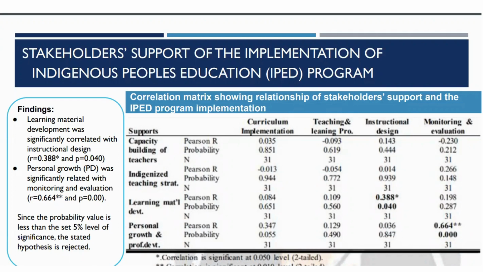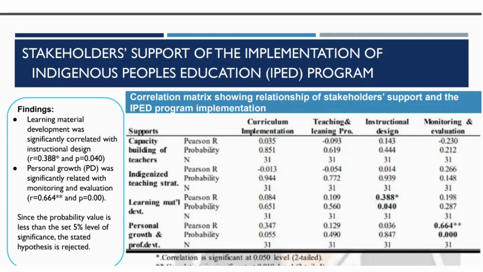So the results revealed that learning material development was significantly correlated with instructional design, where the Pearson R was at 0.388 and the probability was at 0.04, and personal growth and professional development of teachers was significantly related with monitoring and evaluation, again with the Pearson R being at 0.664 and the probability being 0.